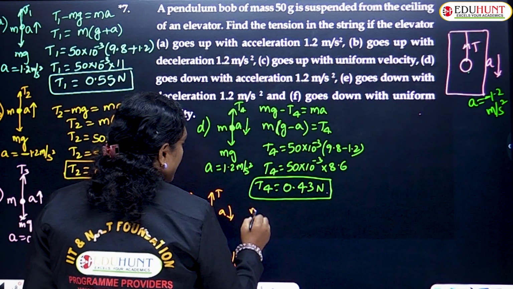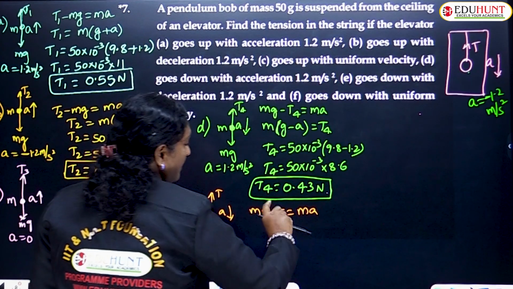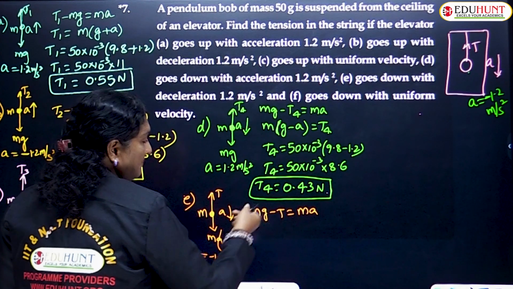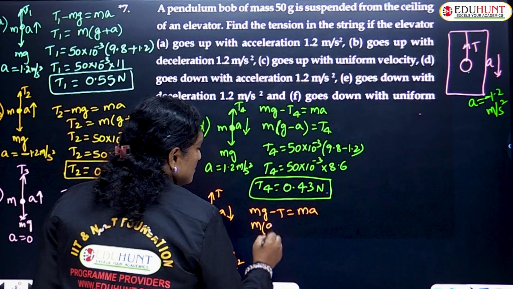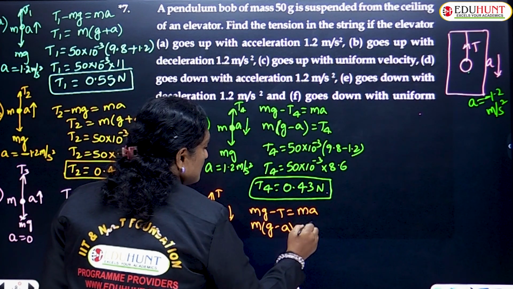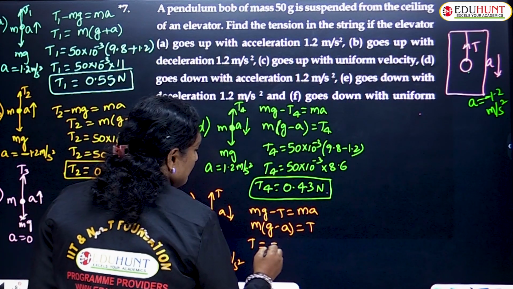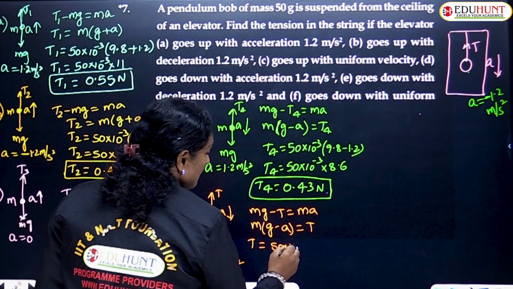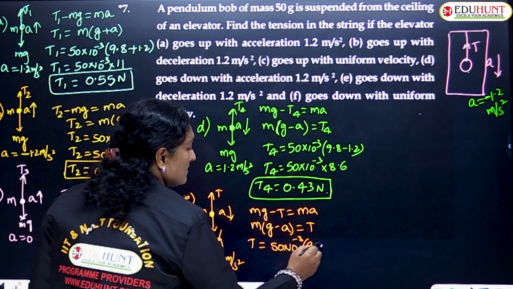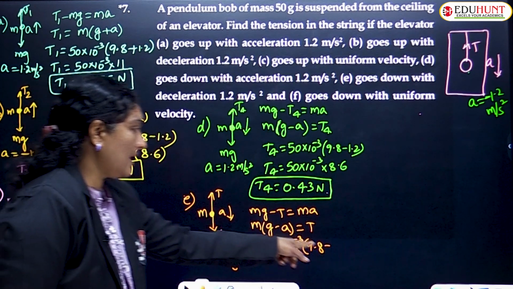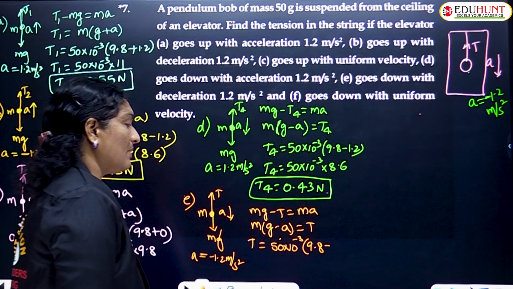Downward motion means mg minus T equals ma. Bringing minus T this way and ma to the other side, we have m into g minus a as the value of T. So T is equal to mass m, taken as 50 into 10 power minus 3, into g, which is 9.8, minus a. I have to replace a with minus 1.2.